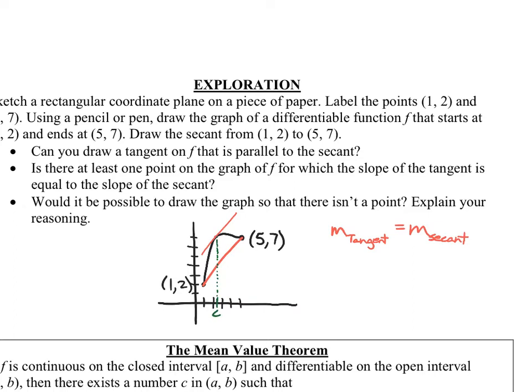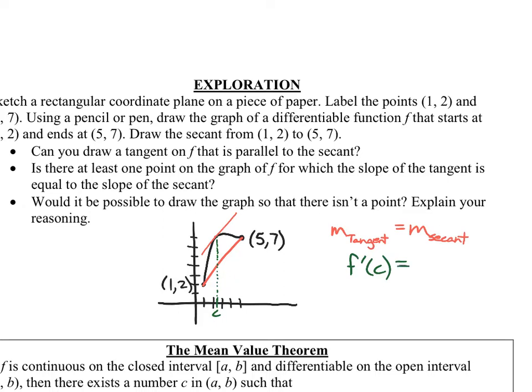The slope of that tangent line is going to be equal to the slope of the secant. Let's say this is our function f of x. So that would be f prime of c, that's the slope of the tangent. So at that value of c, it equals the slope of the secant.